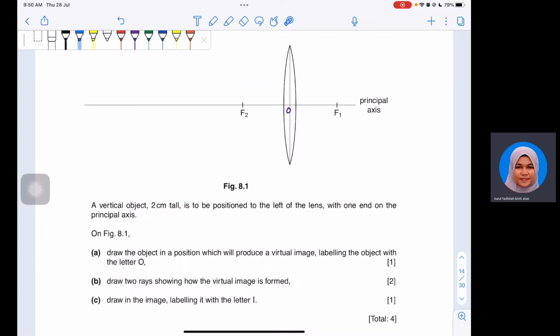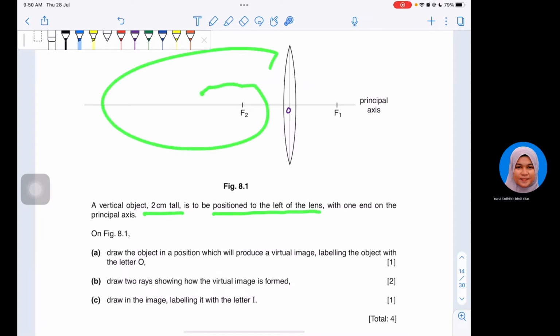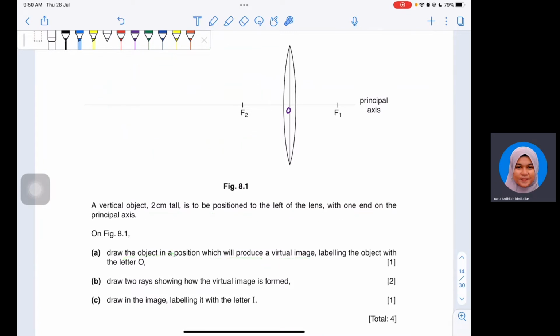So make sure you draw 2 cm tall, position to the left of the lens, with one end on the principal axis. Draw the object in a position which will produce virtual image, labeling the object with the letter O.